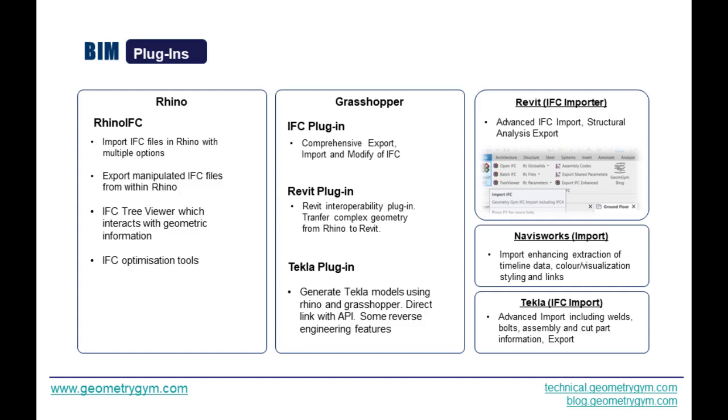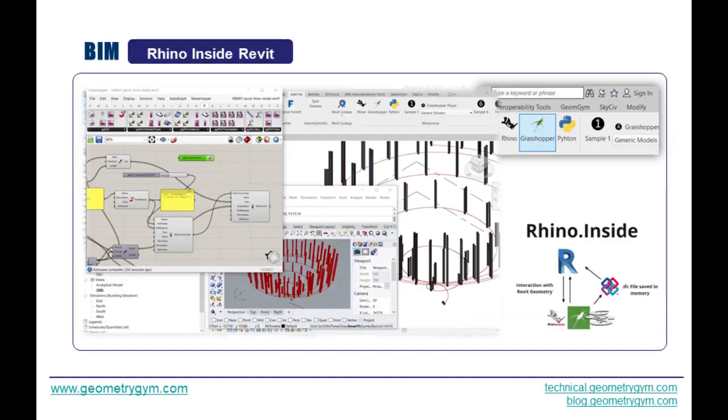I'll speak a little bit about that later. And also IFC, we have our own IFC plugin, so importing IFC into Rhino, and manipulating and creating IFC files within Grasshopper as well, so generating freeform shapes and stuff like that. So that was a quick rundown on Geometry Gym.